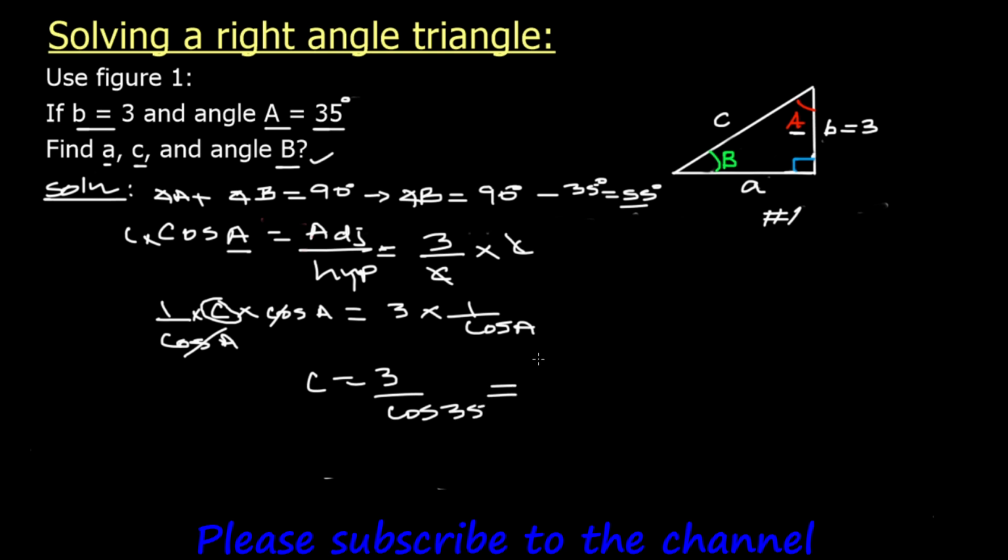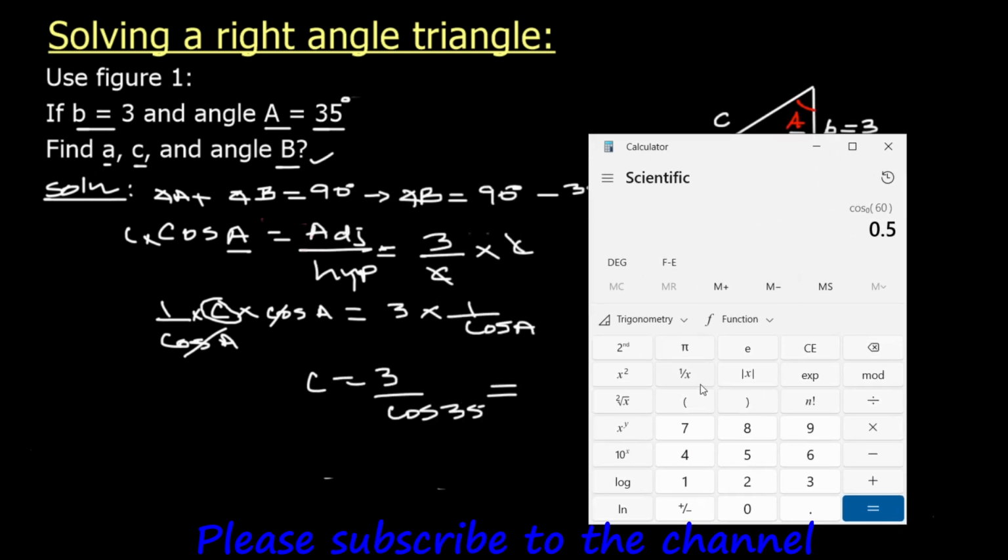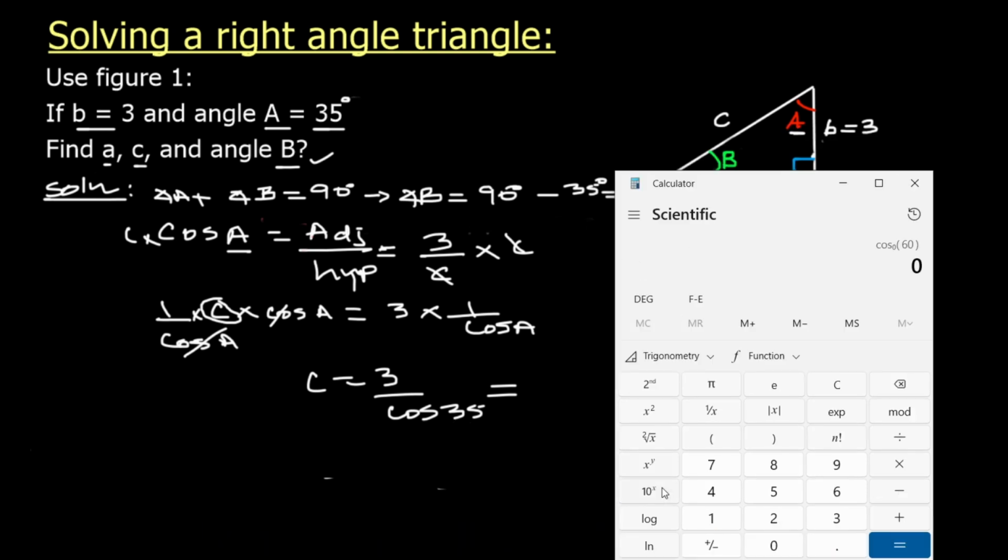Let me use a calculator to find the cosine. One thing you have to be really careful about is that your calculator has to be in degree mode, otherwise you will make a mistake. So let's find the value of cosine 35. We have 0.819.